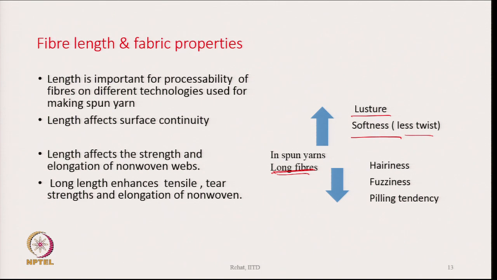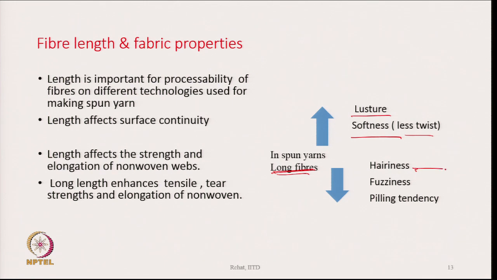So, the twist is less, the yarn packing is going to be less, and therefore, yarns will feel very soft. With less twist, yarns will be soft, and therefore, the fabric also will be soft. The luster is another thing which is also going to improve with long fibers, because the hairiness is going to be less, as shown here.